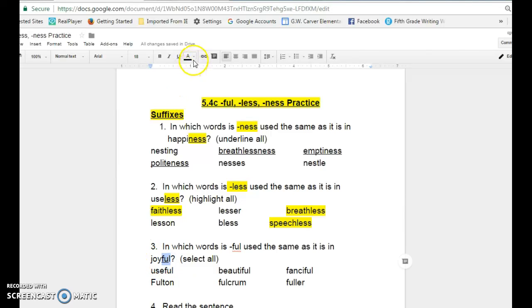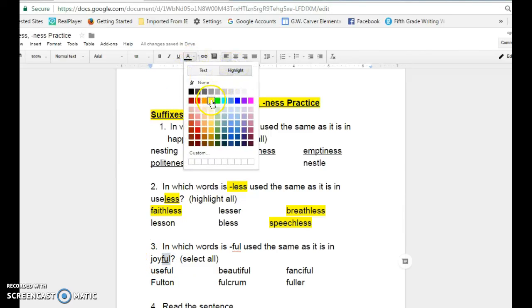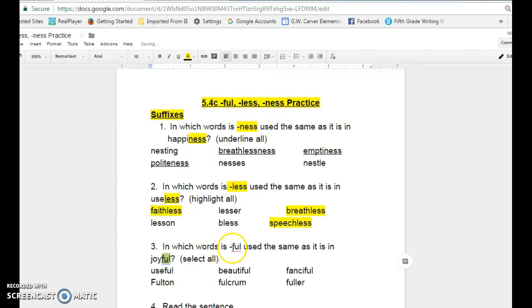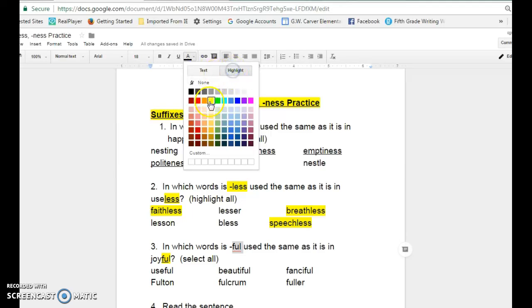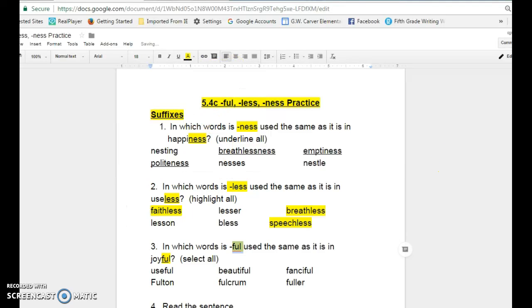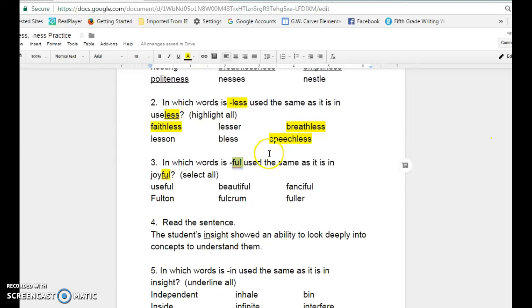Again, you want to notice it is a suffix, so your answers should be suffixes. You do have to be careful because sometimes they might be in the middle of a word. So we have useful. Oh, first of all, we need to ask ourselves, what does it mean?